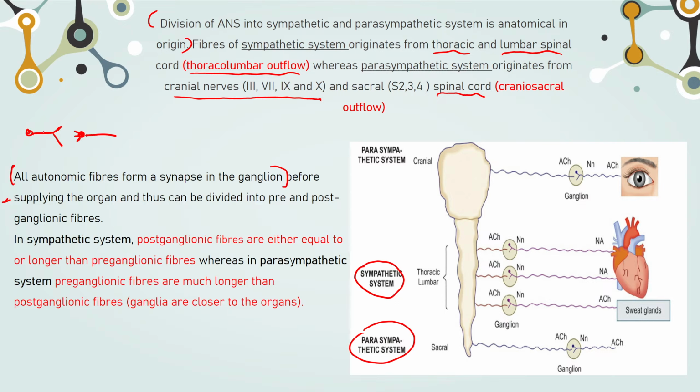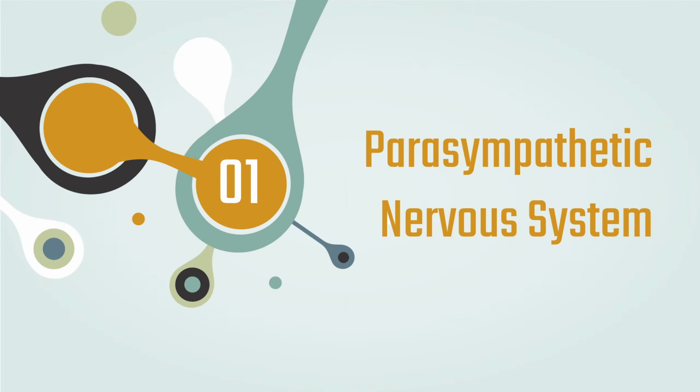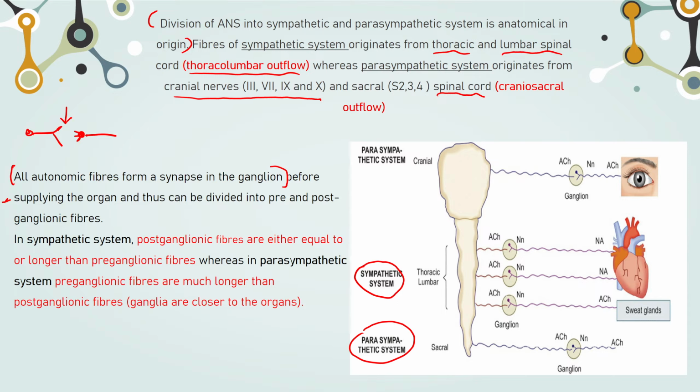See, there is a gap present here. It is called the synapse. Here a neurotransmitter will be released which will act on the receptors present on the other neuron or nerve fiber, and then it will relay further actions.